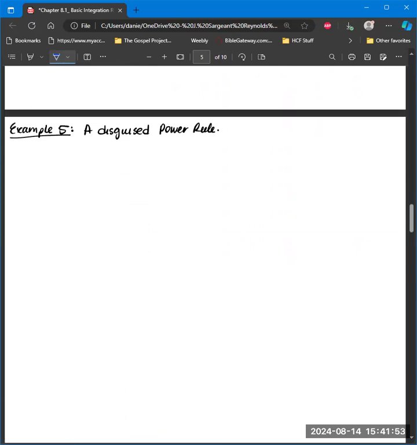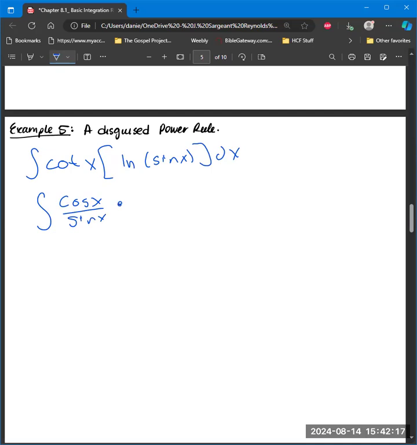So example 5 here, we have the integral of cotangent x times ln of sine of x dx. And this cotangent is cosine over sine. Like that.